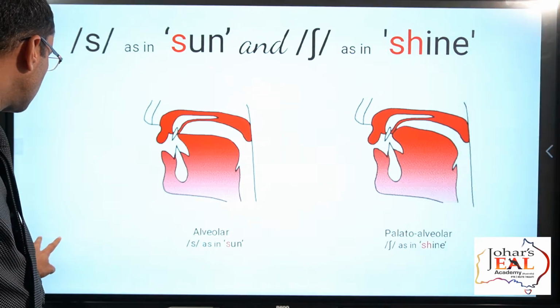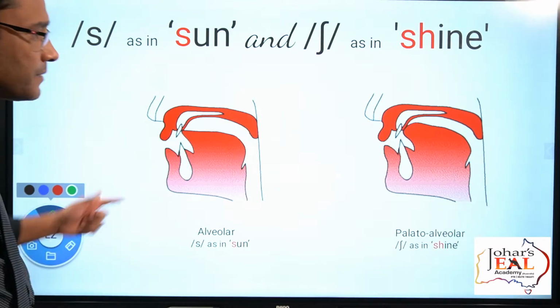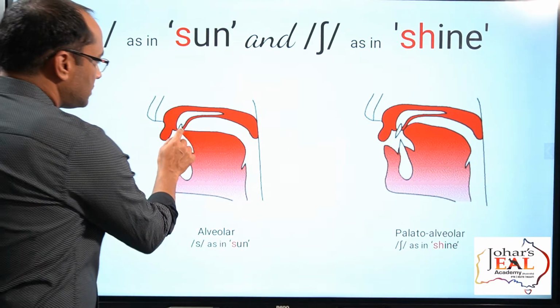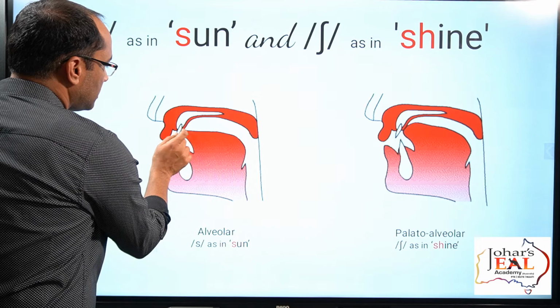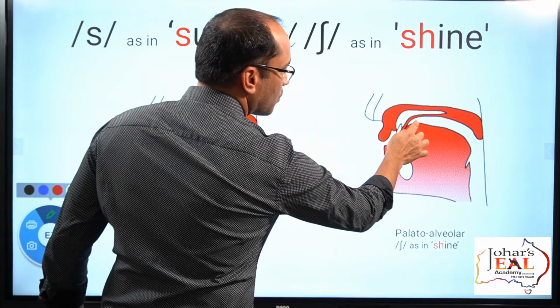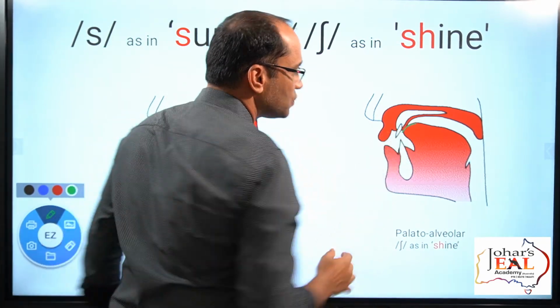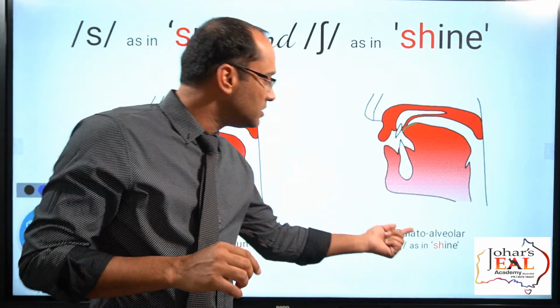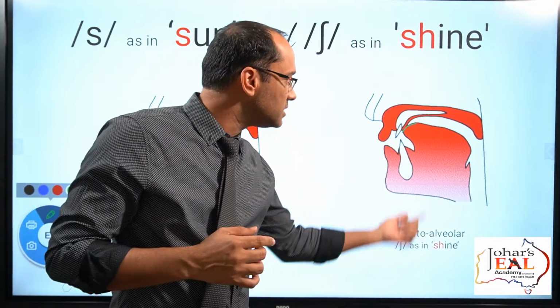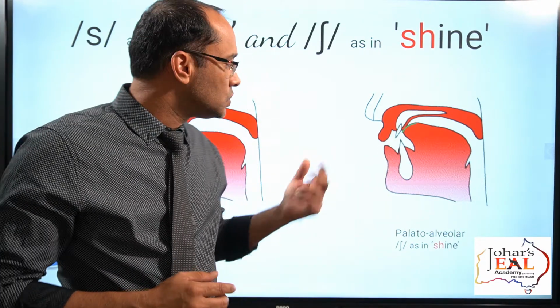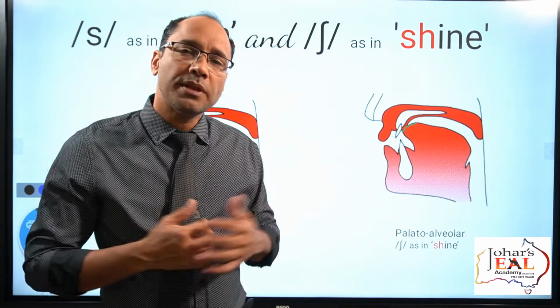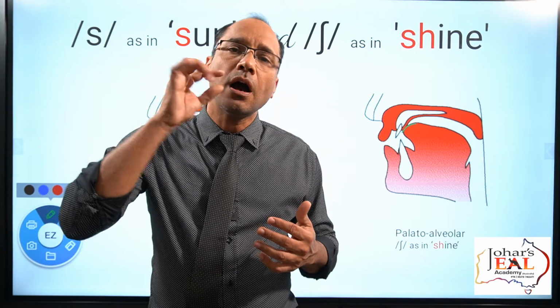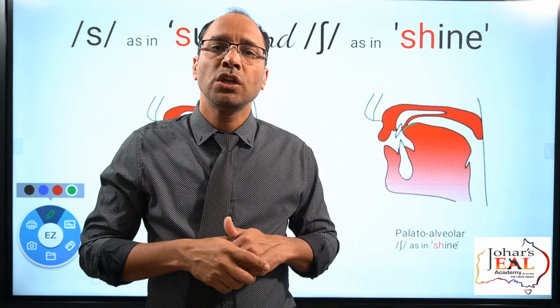Yes, so we come again to these two sounds, you see the difference? Just this part of the tongue here, and here quite a large portion of the tongue goes very close to the roof of the mouth, teeth ridge, or you can say alveolus and hard palate.